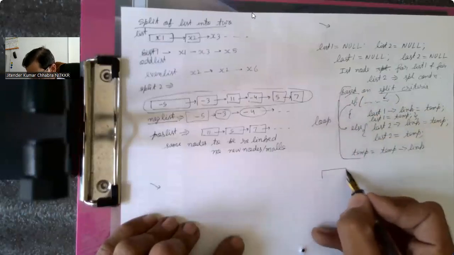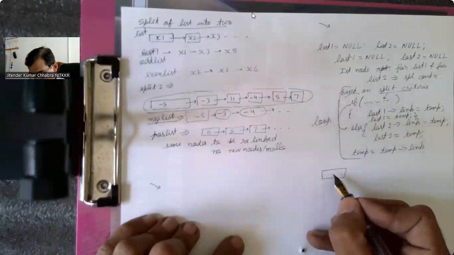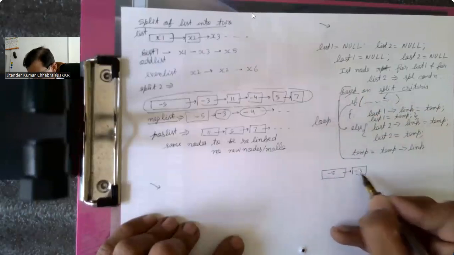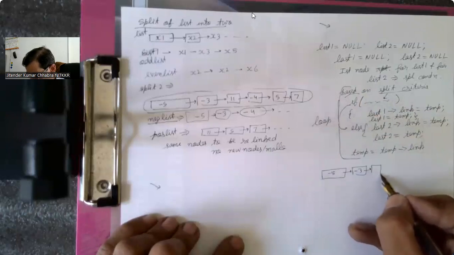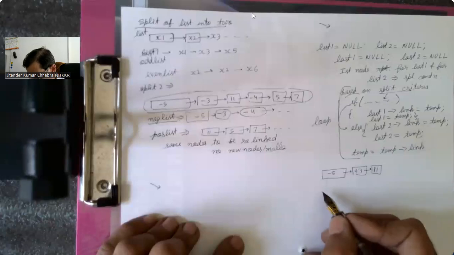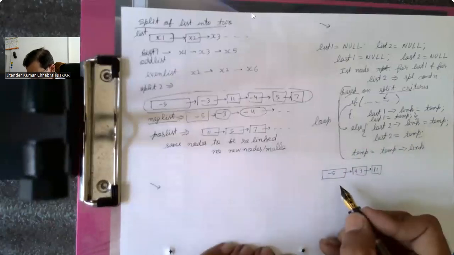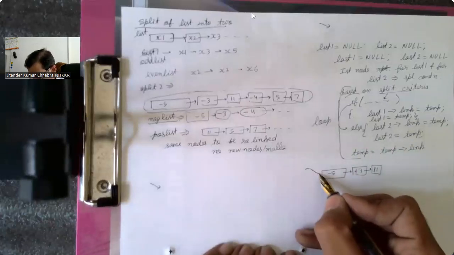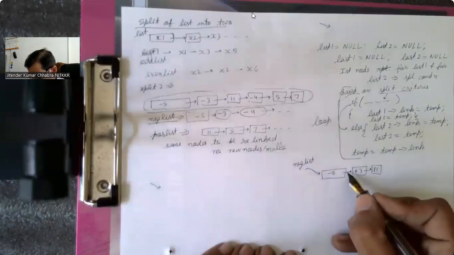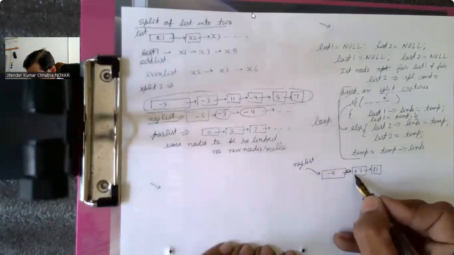Meaning, for example, if I had a list of, let's say, values -5, -3, -11, assuming that, let's say here this was +3. So if I have handled the first node correctly, this will become your first list's pointer, the negative list. This link will be updated somewhere.